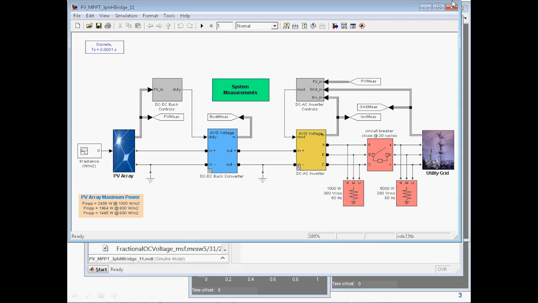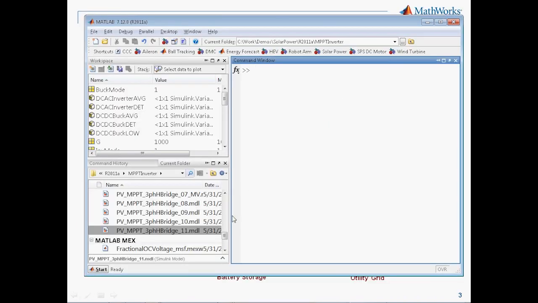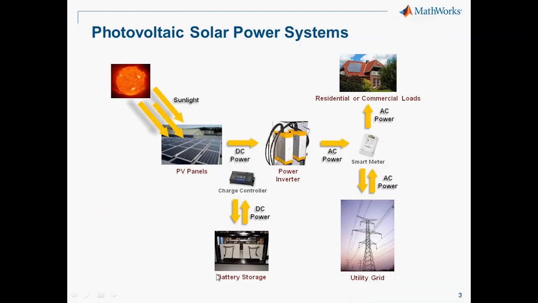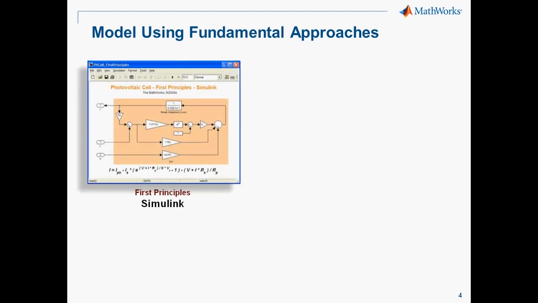So first, let me close this model, and let me go back to my slides. We're going to talk about modeling. To begin with, MATLAB and Simulink have many, many ways of modeling devices or components or modeling complex systems. I am showing right now a mathematical model based on a Simulink implementation of a photovoltaic cell.